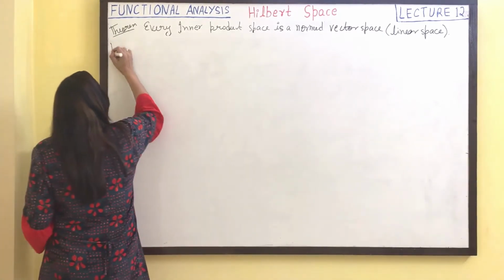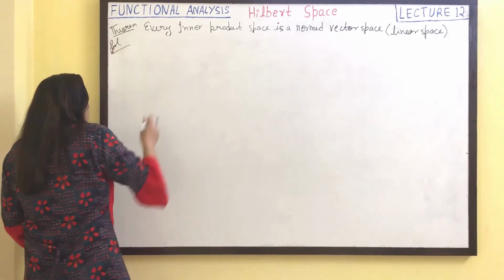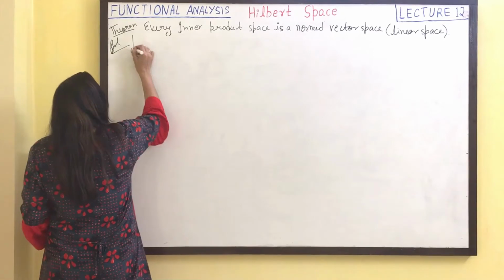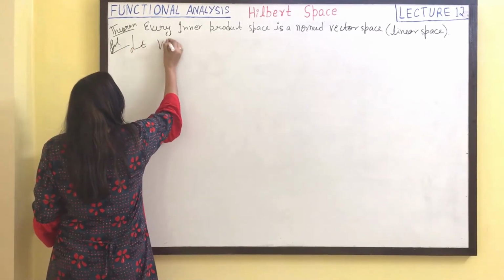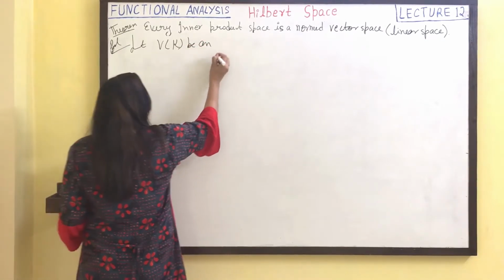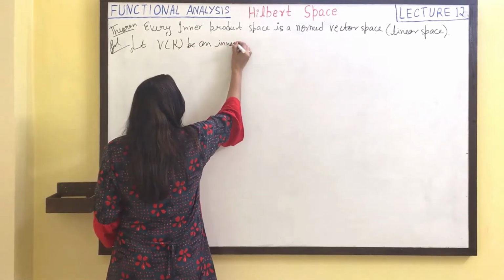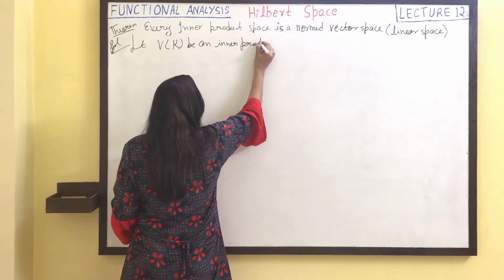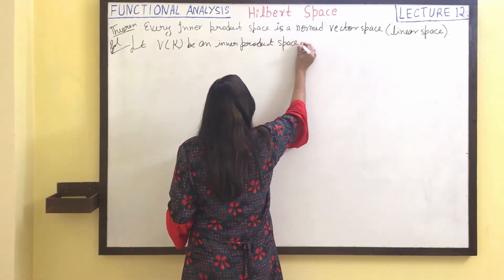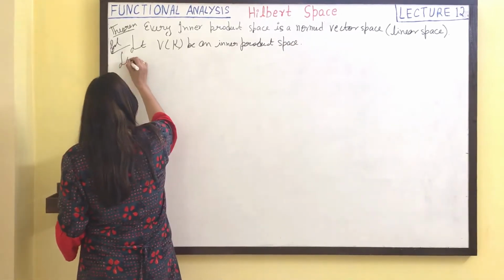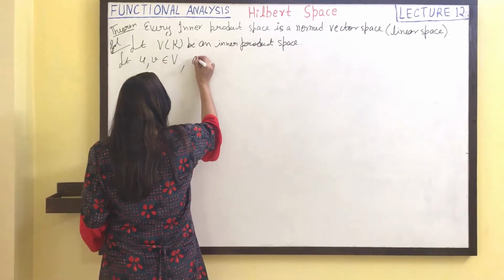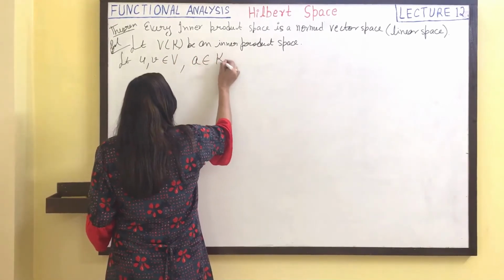So for proving an inner product space as a normed vector space, we assume V(K) be an inner product space. Let u, v belong to V and a belongs to K.